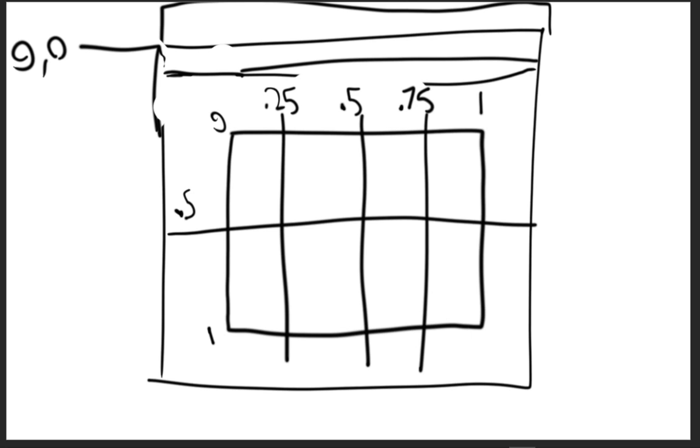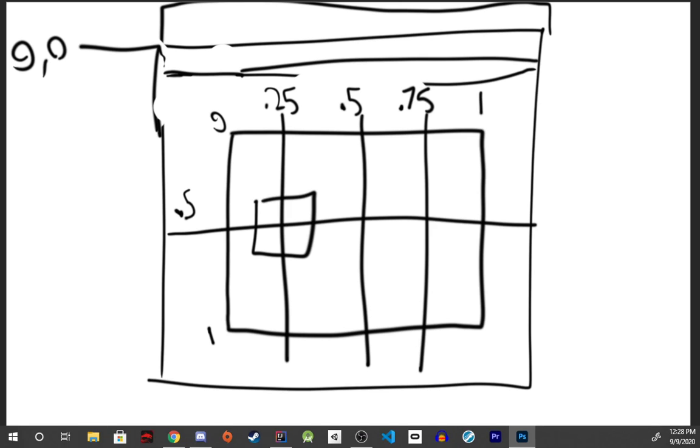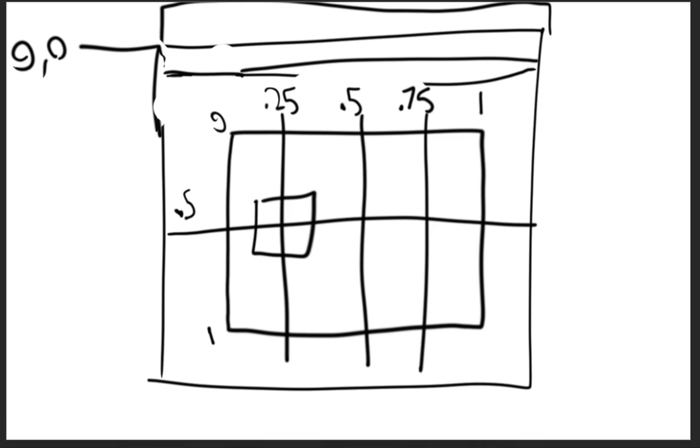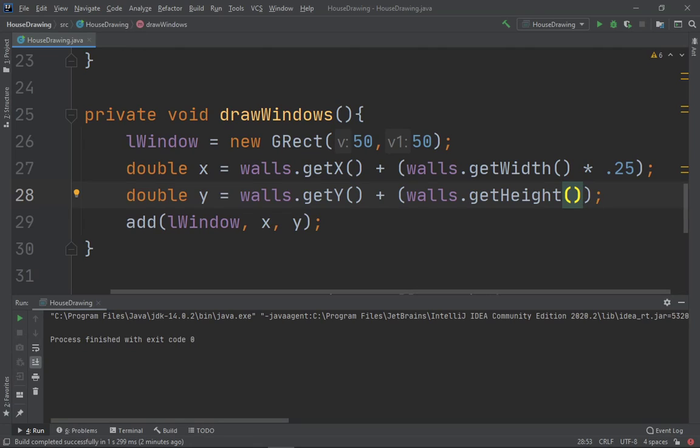So I want my window to be there, like that. Right? So we've got this 0.25 thing going on, so we need to do 0.5 or half of the height. So let me switch back to the code again. All right, so to get half the height, I could multiply this by 0.5 or I can simply divide it by 2.